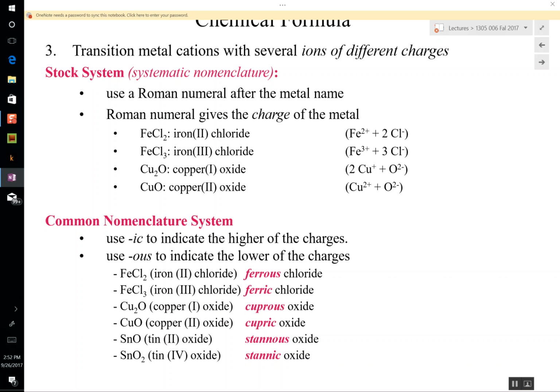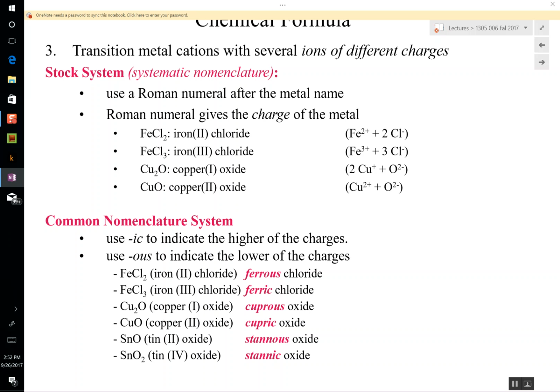We know that too, right? 3 of those is going to contribute a -3 to this formula, and so that means this has to be +3. Both ways get us the same place, however you want to do it.